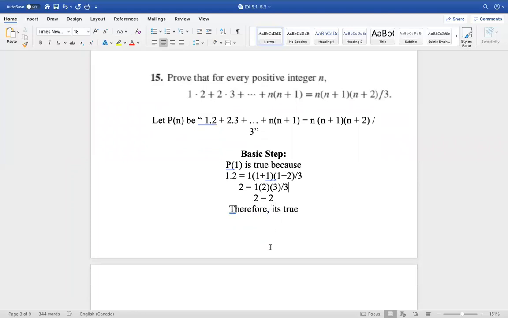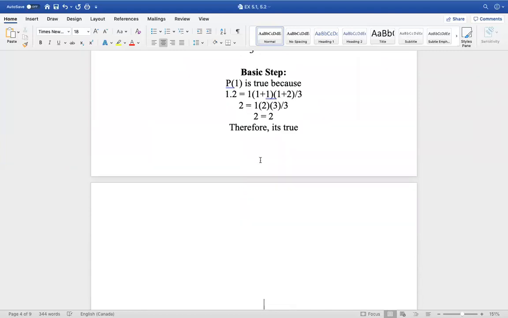Okay, let's move on to the inductive step now. In the inductive step, we assume that if something is true for n, then it's true for n plus 1 as well.